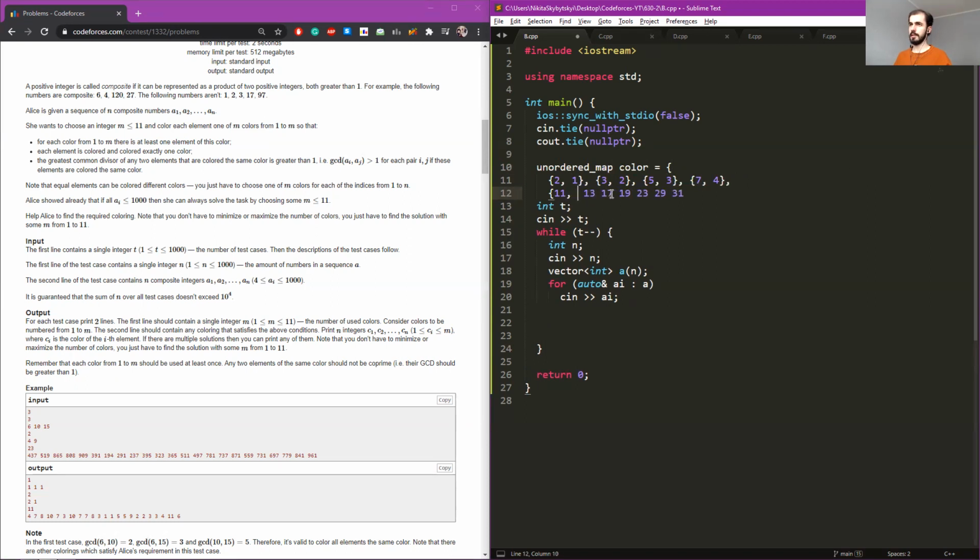We'll have at least one here because 11 is the number of prime numbers up to the square root of 1,000. It should work.